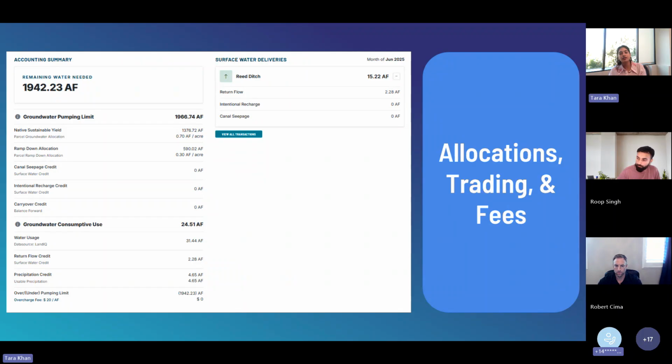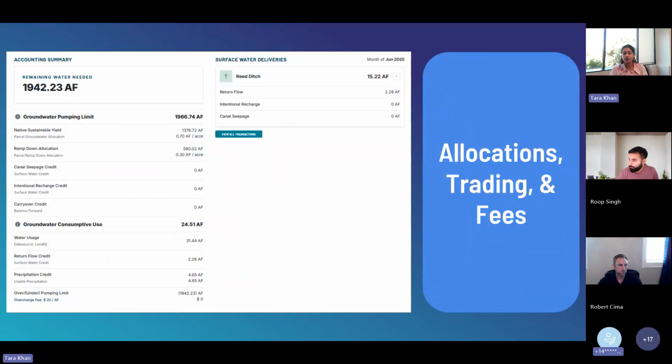Allocations are entirely dependent on having information about wells, about water usage, and then making decisions about how much people can use, and moving forward from there. So the first step is to figure out the rules and to get that data beforehand on the wells and the water usage.